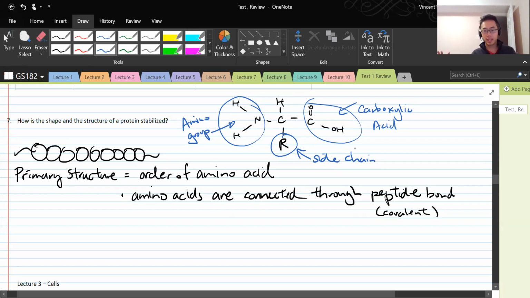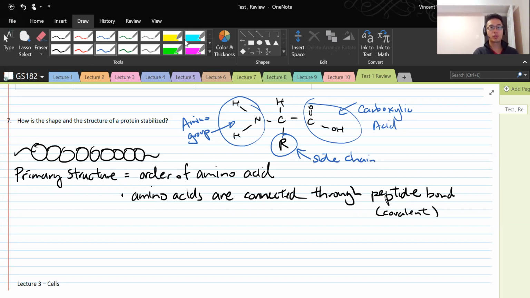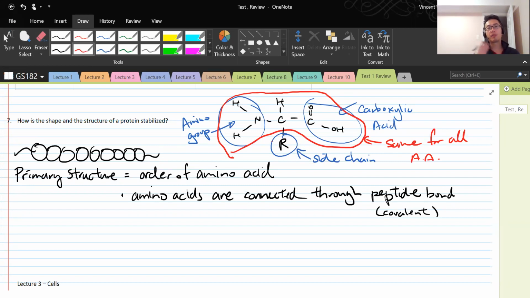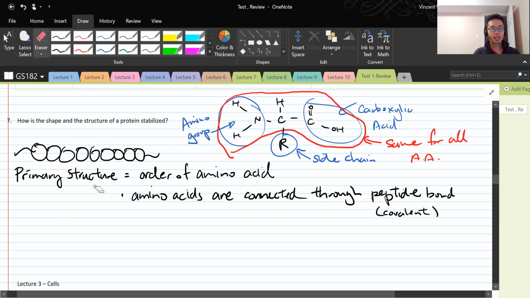All 20 amino acids have the same frame structure. It's the side chain that differentiates them and gives them unique properties. So that's the primary structure.